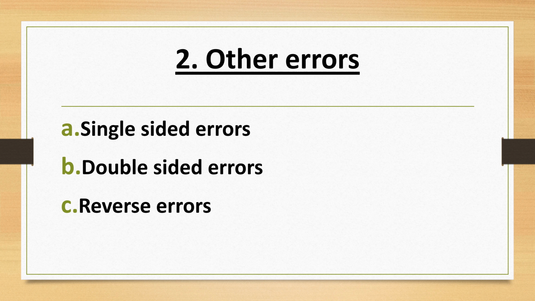Next error is double-sided error. This error also happens at the time of posting items into the trial balance, but this is very complicated compared to single-sided errors, because this error occurs at a time on the debit side and also on the credit side. For example, some income of 500 rupees is received from your house tenant.